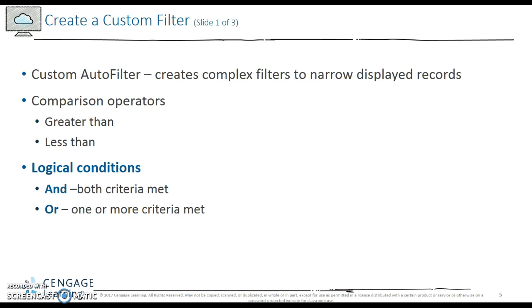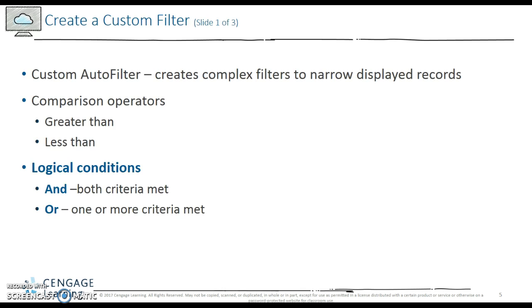A custom auto filter creates a complex filter so you can narrow your search. Comparison operators, we talked about operators as being greater than or less than, greater than or equal to. Those are all operators that you can use.